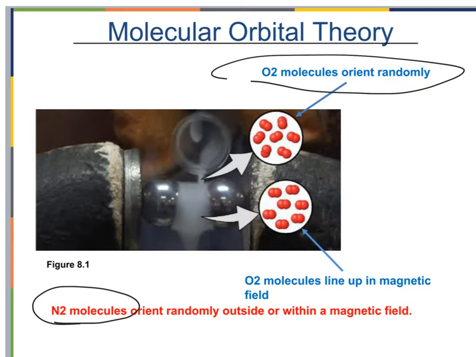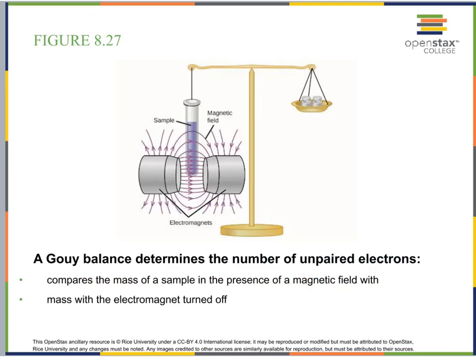So why is that, and how can we use molecular orbital theory to predict this? One of the ways you're going to see is using something called a Gouy balance. This Gouy balance allows you to put a sample in a magnetic field and then look at the attraction.